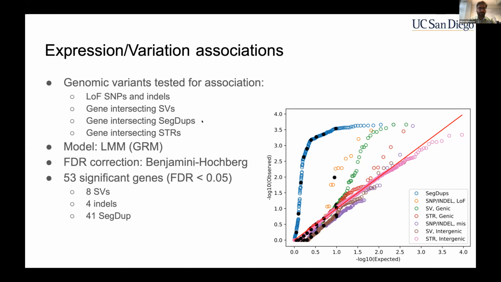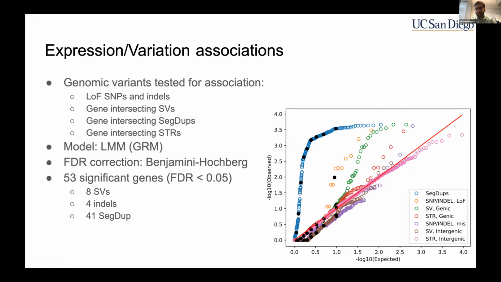As I mentioned, we used LMM, and the FDR correction was done with the Benjamini-Hochberg method. We found 53 significant genes, and as you see in the QQ plot, they are very much enriched in seg-dup regions. And a dozen SVs and indels were also significant.